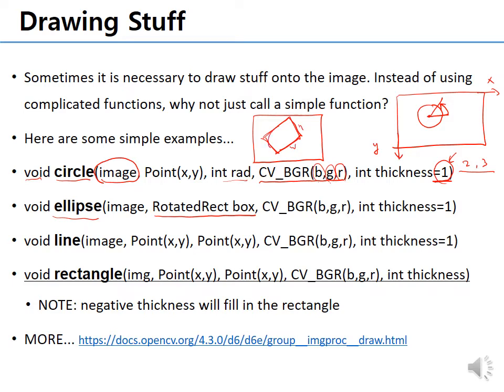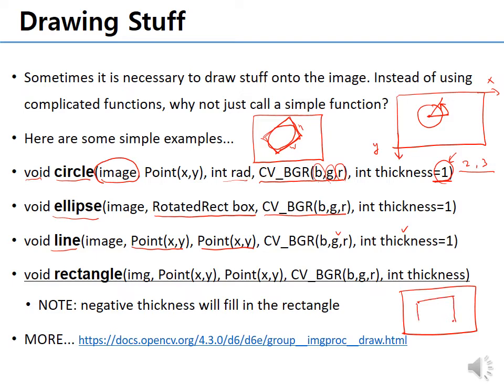So you can define the ellipse using the rotated rectangle box. Then you set the color and the thickness. The line is a starting point and end point, and color and thickness. For rectangle, you define 2 points, the starting point and the ending point, left top point and the right bottom.